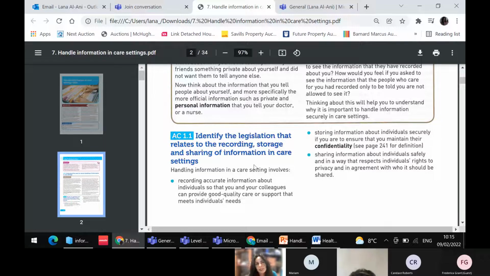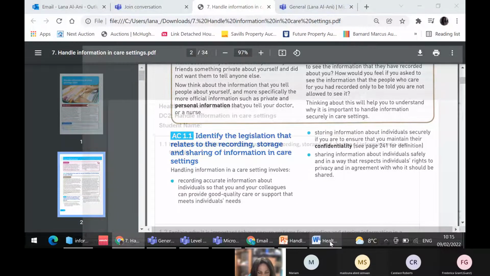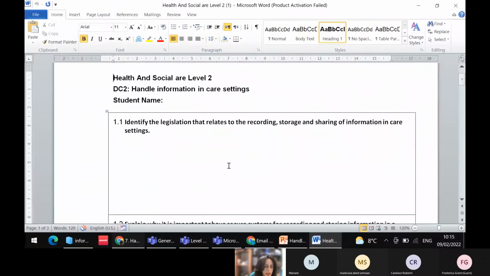And if this person has no mental capacity, then we get the confirmation from their family. Is this clear? Yes. Excellent.